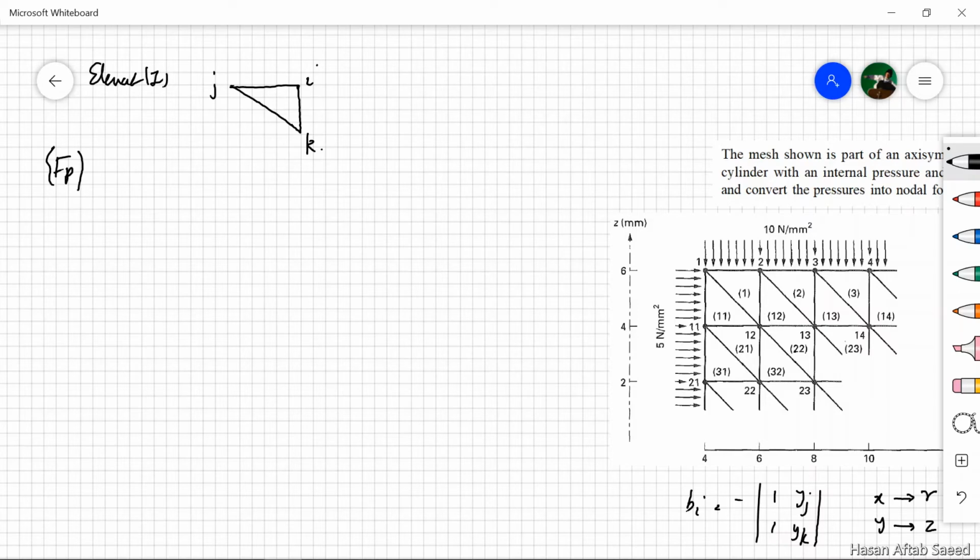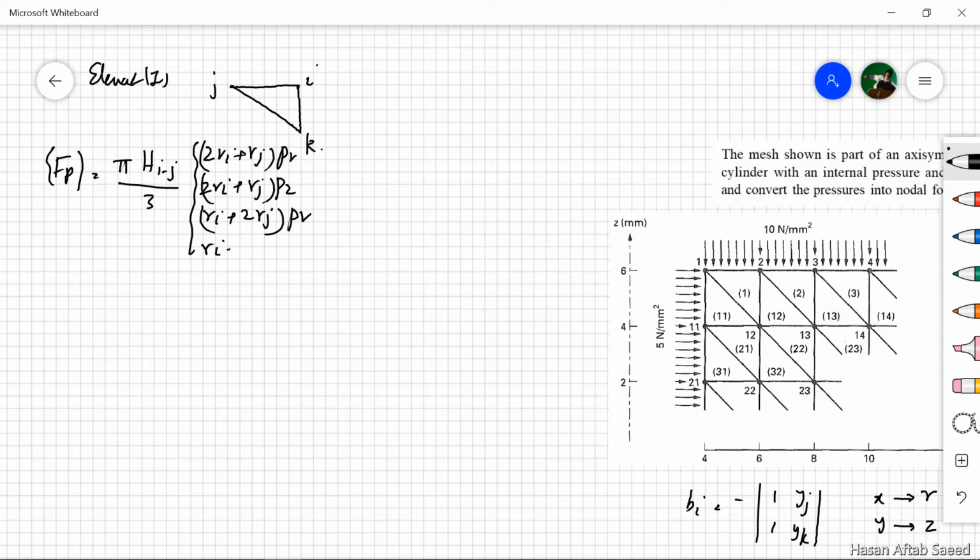So recall the expression FP equals H IJ over 3 times 2RI plus RJ PR, 2RI plus RJ PZ, RI plus 2RJ PR, RI plus 2RJ PZ, and 0 and 0 for the K node.